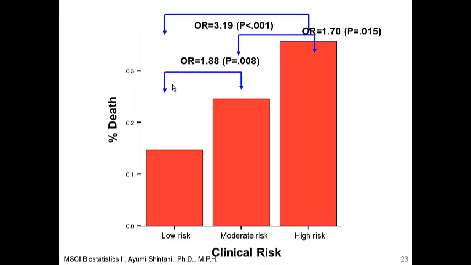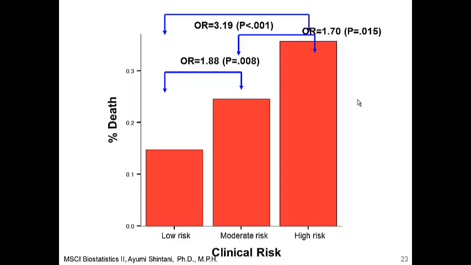So this is a graphical presentation of what we just saw in the pairwise comparisons. Okay. So low risk versus moderate, moderate versus high, and low risk versus high risk. And in the next few slides, I'm going to repeat this analysis using binary logistic regression.